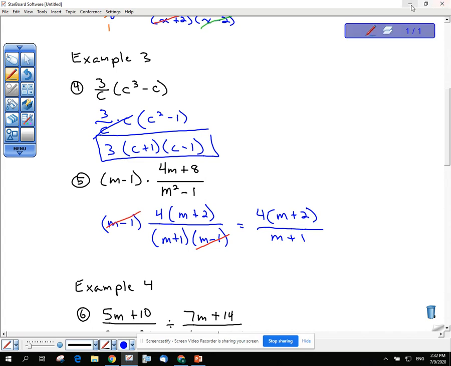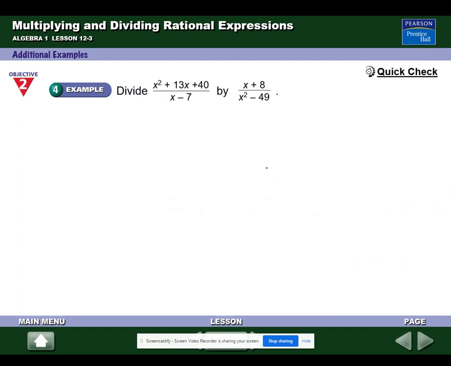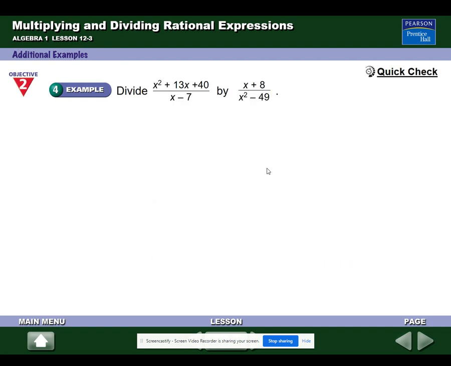Now we're going to get into division. The section was about multiplication and division. You should recall that back a long time ago when you were given something like 2/3 divided by 4/9, what you were taught to do is that divide means multiply by the reciprocal.